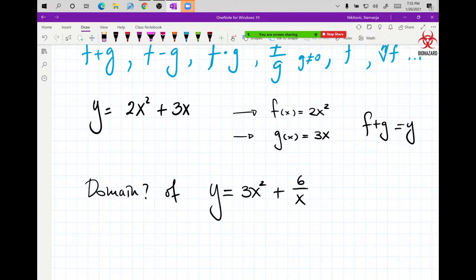Now, we know the domain is the set of all possible input values. So you might go and say, can I plug anything in for x? And the answer is no. There is one value that is going to break the entire equation. It can't be 0. See, 0 ruins it for everyone.